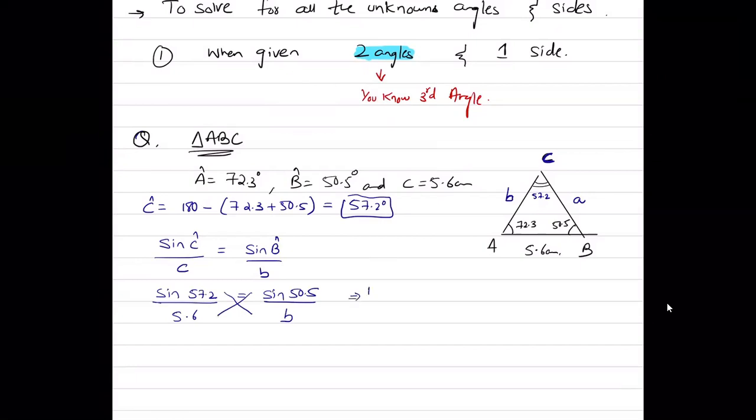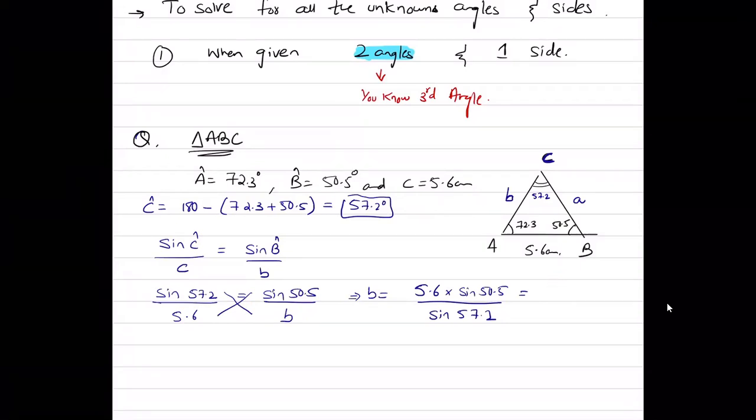So what is the value of b coming out? 5.6 multiplied by sine of 50.5 divided by sine of 57.2. 5.14.